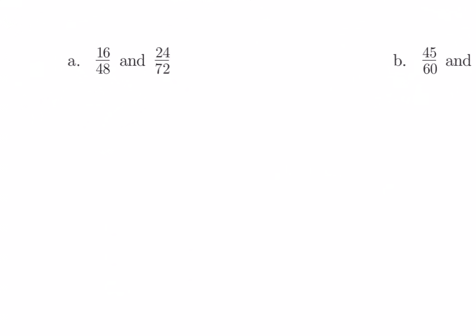Example A, we have 16 over 48. I want to simplify the fraction. So these numbers are both divisible by 16. And if we divide by 16, we get 1/3.